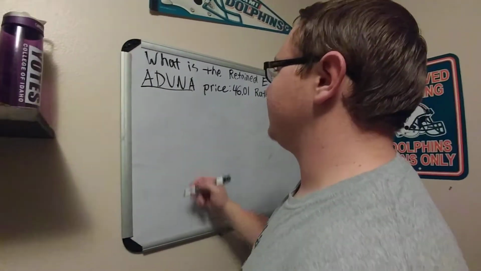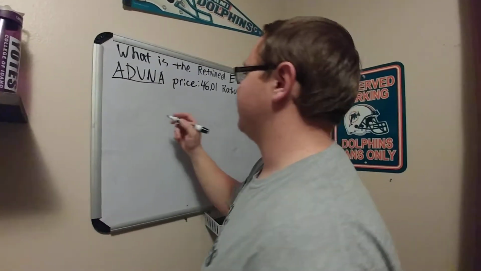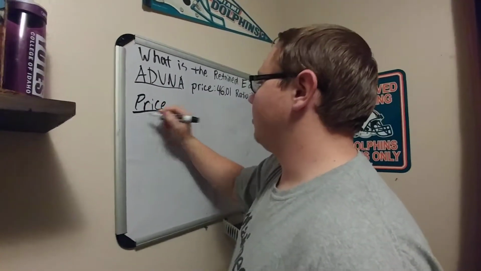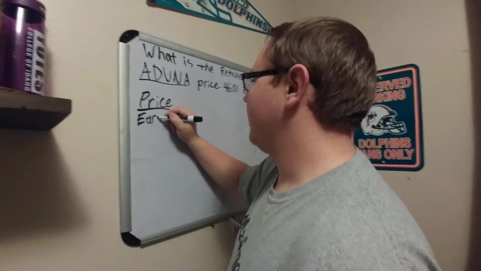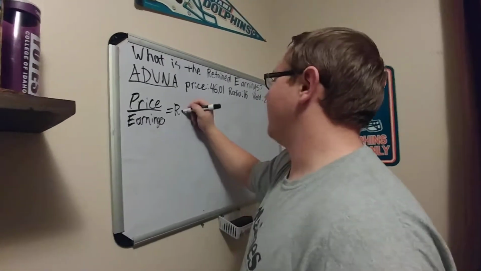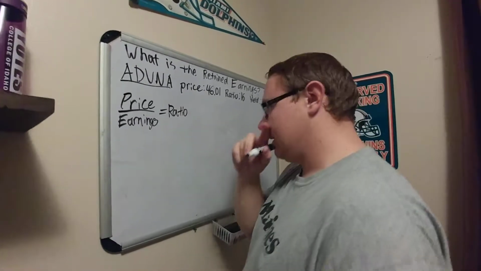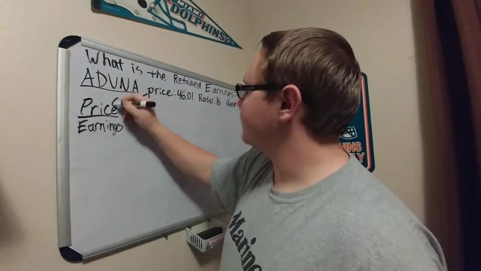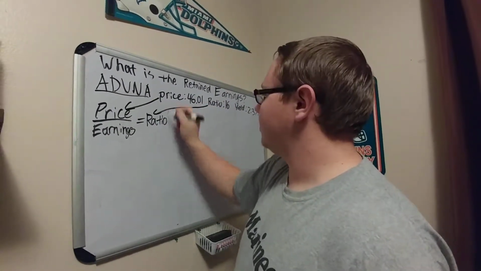Okay, so the first thing we need to do is find our earnings. We have our formula of price over earnings, and this is earnings per share, but I'm just going to write it as earnings, equals our ratio. Now we're just going to plug in our stuff. We have price and we have ratio.